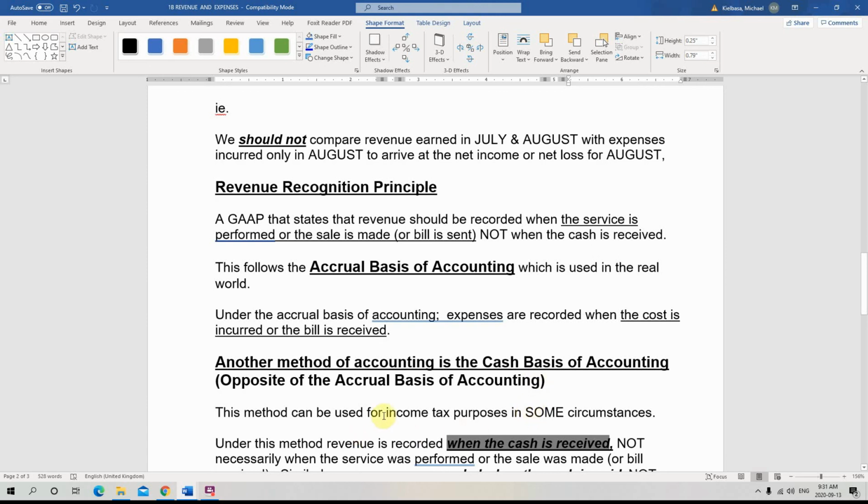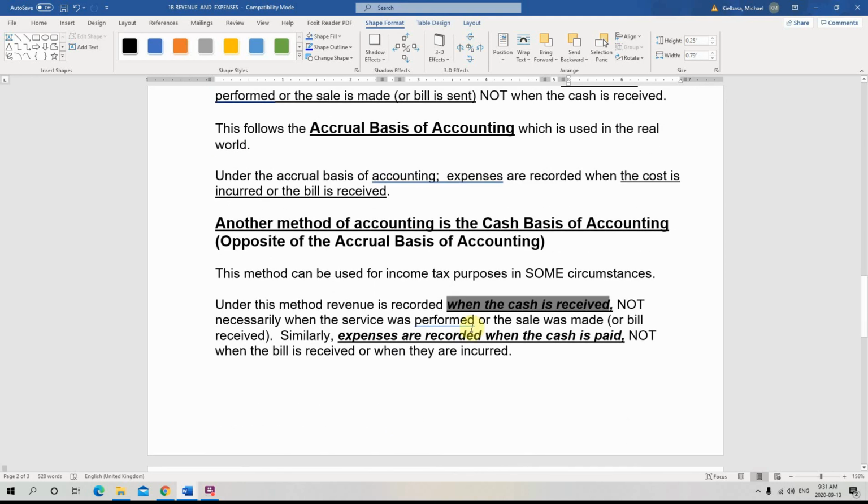Under the cash basis of accounting, it represents revenue when the cash is received, not necessarily when the service is performed, or the sale is made. And under the cash basis of accounting, we record expenses when the cash is paid, not necessarily when the bill is received or the expense is incurred.